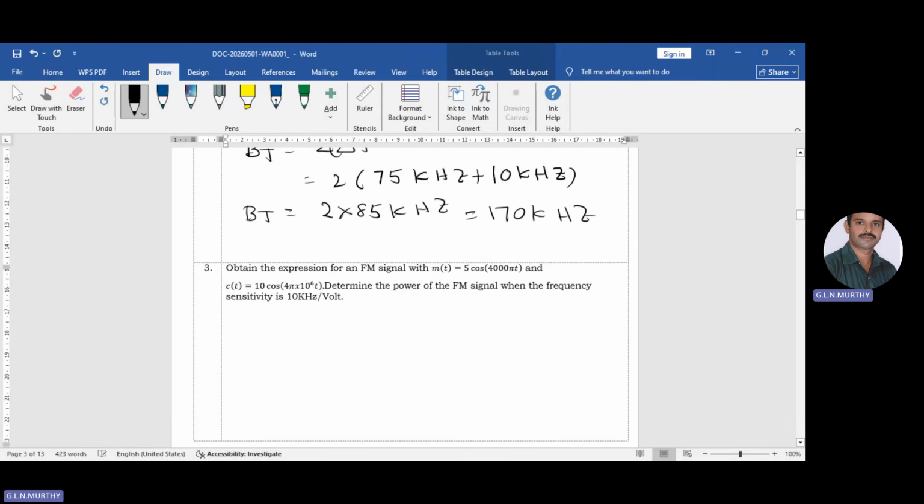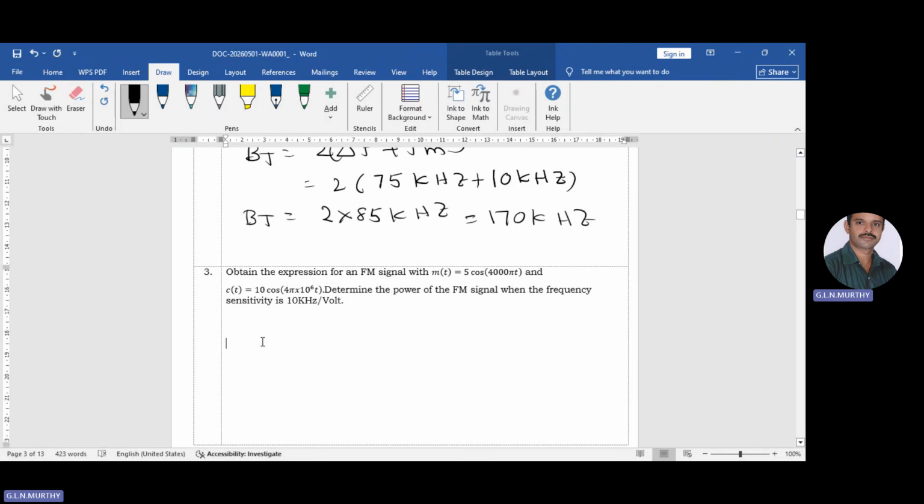Now see this case. He has not given the FM expression. He is simply asking for the FM expression and to estimate the power. For this, let us write down the expression for standard FM: Ac cos omega ct, or Ac cos 2 pi fct plus 2 pi kf integral 0 to t m of t dt. The carrier signal is given, the message signal is given.